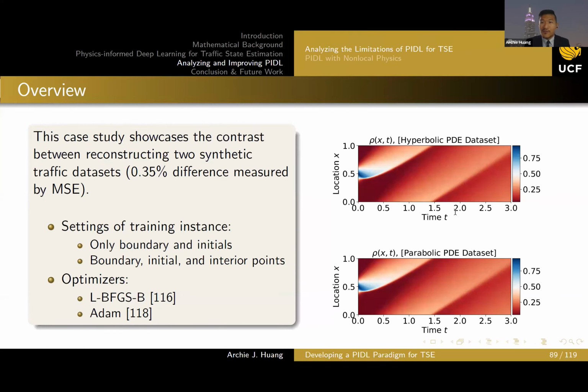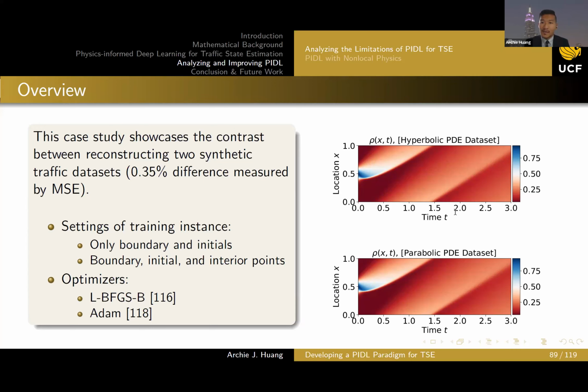In the figure on the right, on the top, we see this ring road testbed data, which is configured with the hyperbolic version of the LWR PDE. This LWR PDE does not have the diffusion term and cannot secure a strong solution. So in this case, we can only find a weak solution for this PDE.